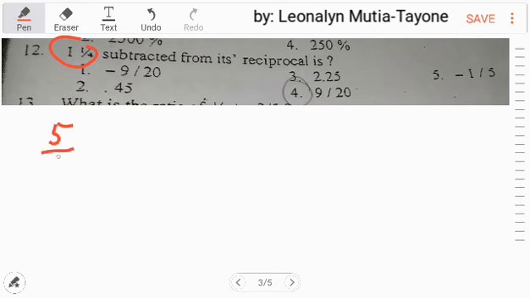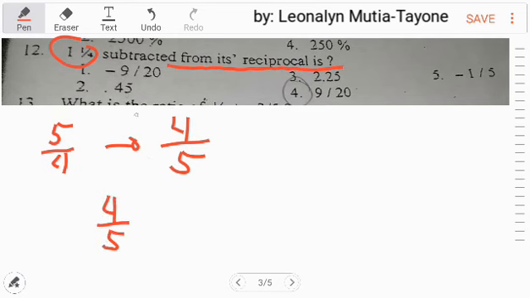So, 5 over 4. 5 over 4 subtracted from, bali, yung reciprocal ng 5 over 4 ay 4 over 5. Subtracted from its reciprocal, meaning 4 over 5 minus 5 over 4.